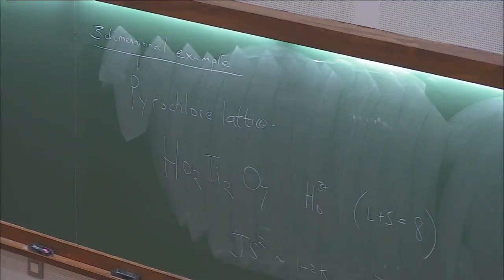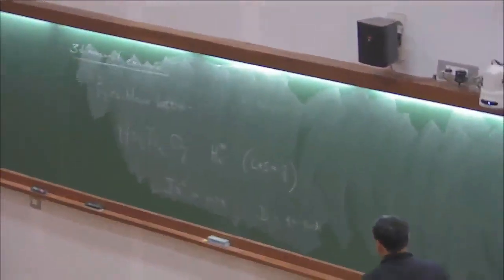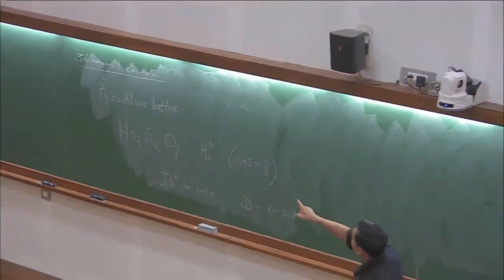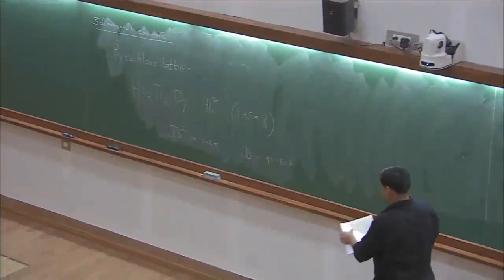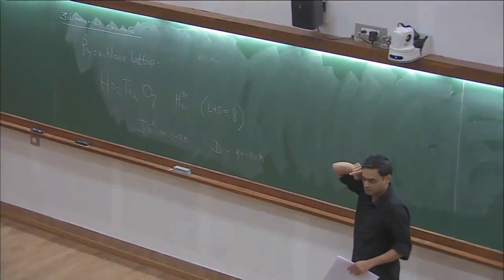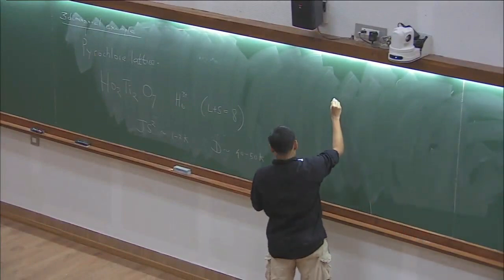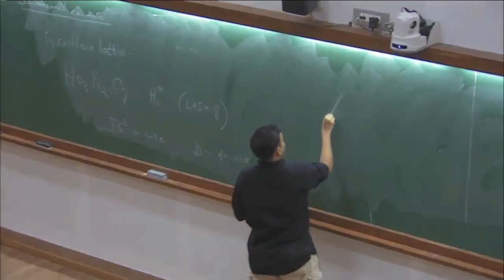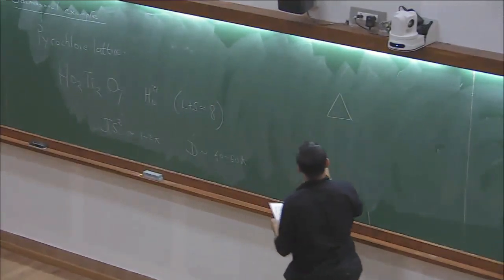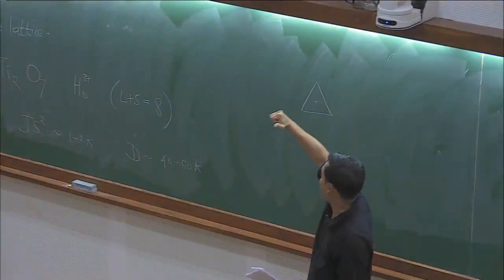So let's draw out this because it's going to be of relevance later. So one way of imagining what the pyrochlore lattice is to first imagine that you're looking down on an array of tetrahedra. Okay? So let's do it like this. So this is a tetrahedron. This is the base of the tetrahedron, and this is the apical side which would come out of the board at you.